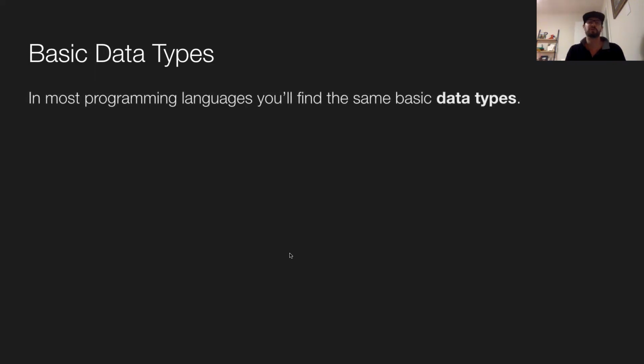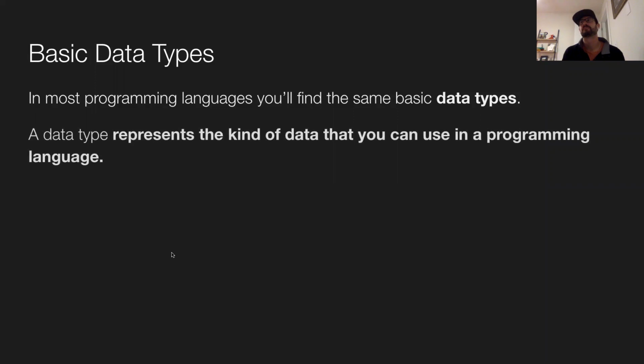So what's really beautiful about programming is that, yes, there are a lot of different languages, and yes, they all have their different nuances, but for the most part, most programming languages actually use the same basic data types. And when I say a data type, it represents the kind of data that you can use in a given programming language.